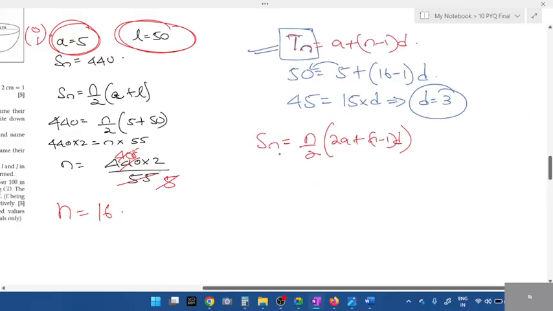S of n. Even if you want to use S of n, the value is 440. 440 is equal to 16 divided by 2 into (2 into 5 plus (n minus 1) D).